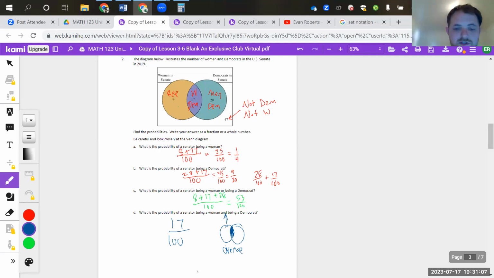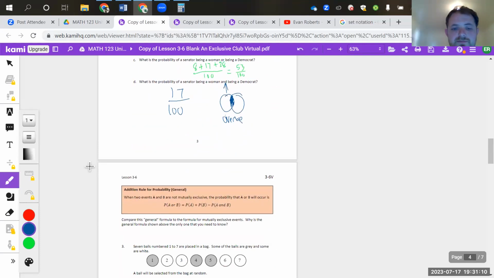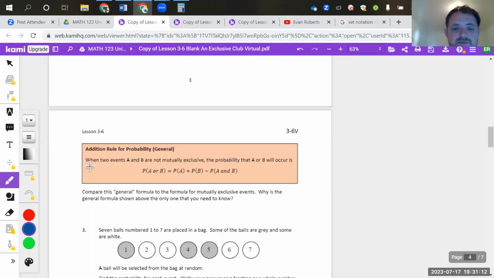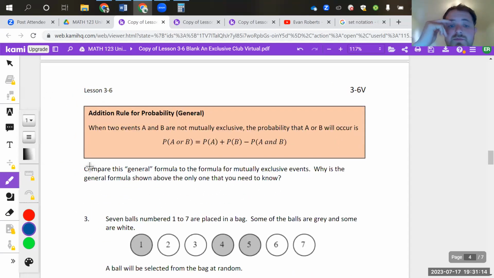Okay. So the next question here. The reason why this next formula is helpful is because usually things are not mutually exclusive, meaning they can't happen at the same time.